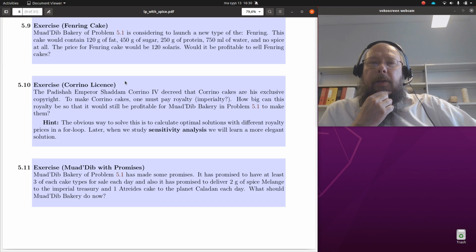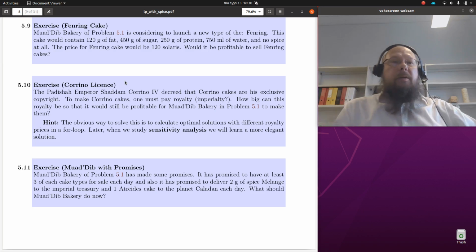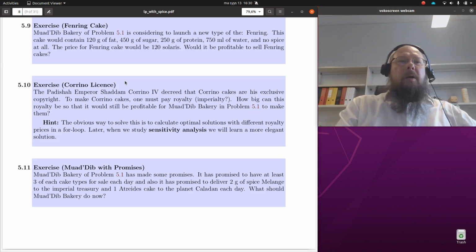Then the question is, would it be profitable to sell Fenring cakes? I think this is pretty straightforward. You solve the problem and look at the solution: do you bake the cakes or not? So that I think is relatively straightforward.